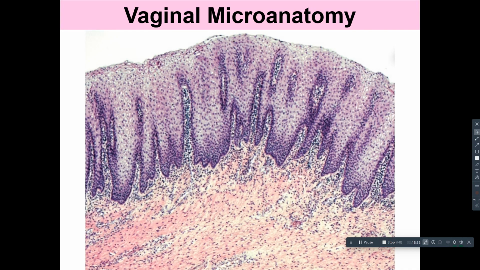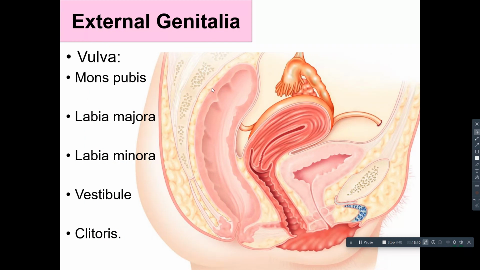Okay, let's keep going. Let's talk about the external genitalia. The external genitalia is collectively known as the vulva and includes this fatty region where the pubic hair is anterior to the pubic bone. That's called the mons pubis.